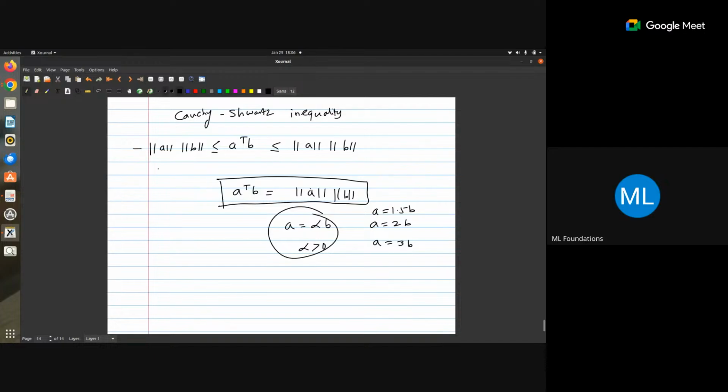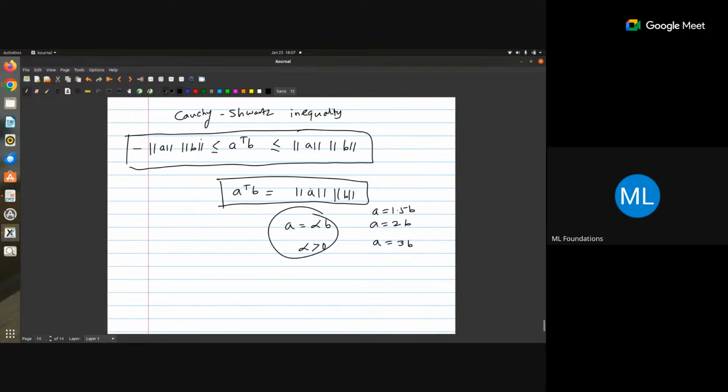What it says is that the dot product between any two vectors has a limit: an upper limit when they are positive, or the lower limit when they are negative, in some direction.